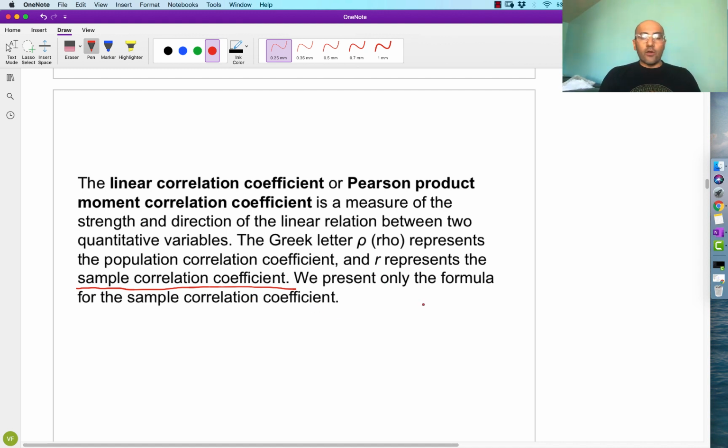So for us, we're really only focusing on the value of R. So R is going to be an equation, we'll get to it right now, whose result, once you calculate the whole thing, and it's pretty ugly, brace yourself, will be an answer that helps us numerically establish the strength and the direction of a linear relationship between two variables.